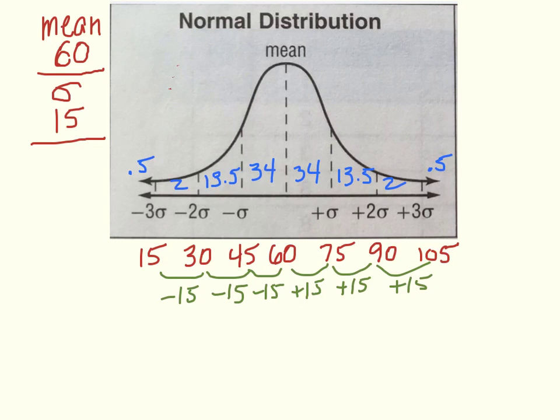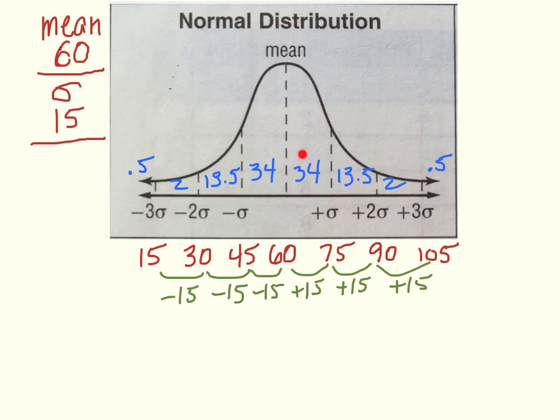Now let's look at a real-world situation. It depends on how you want to look at a real-world situation. I have a set of data that I have found the mean to be 60 and the standard deviation to be 15. So if the mean is 60 and I add 15, which is my standard deviation, that would get me to a score of 75.